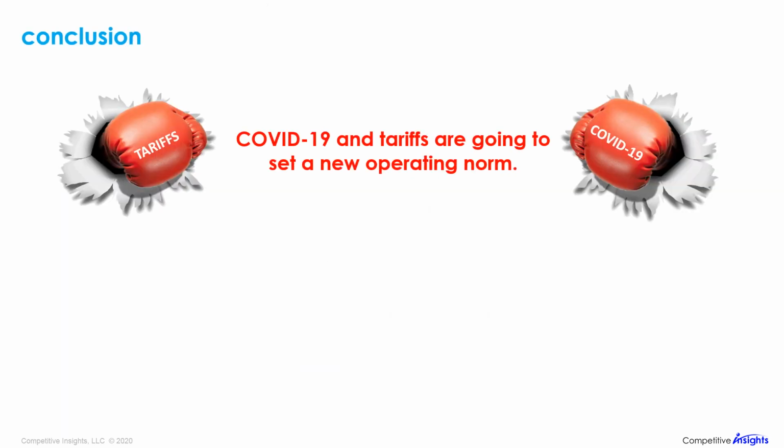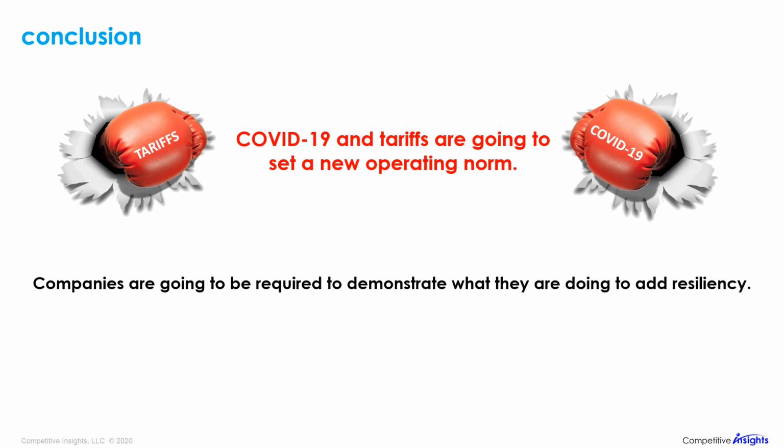COVID-19 and tariffs are going to set a new operating norm, as I mentioned before. We strongly believe that companies are going to be required to demonstrate what they are doing on a proactive basis and an ongoing basis in order to add resiliency to their supply chain.